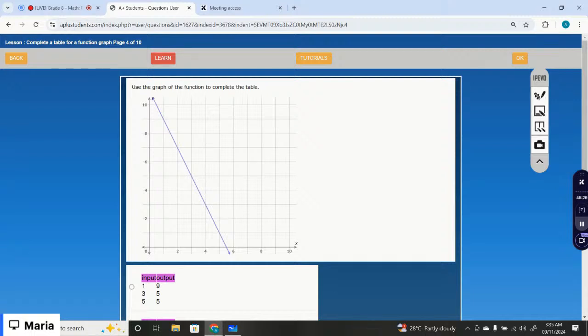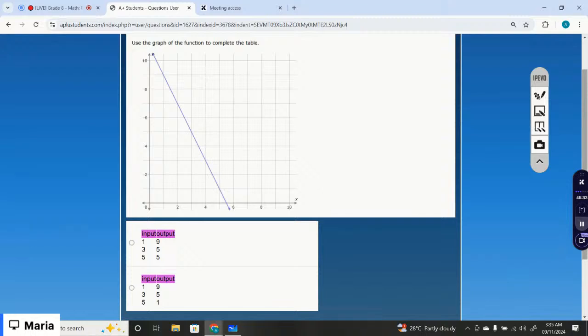Use the graph of the function to complete the table. So which is the correct option? X equals 5, y equals 1.